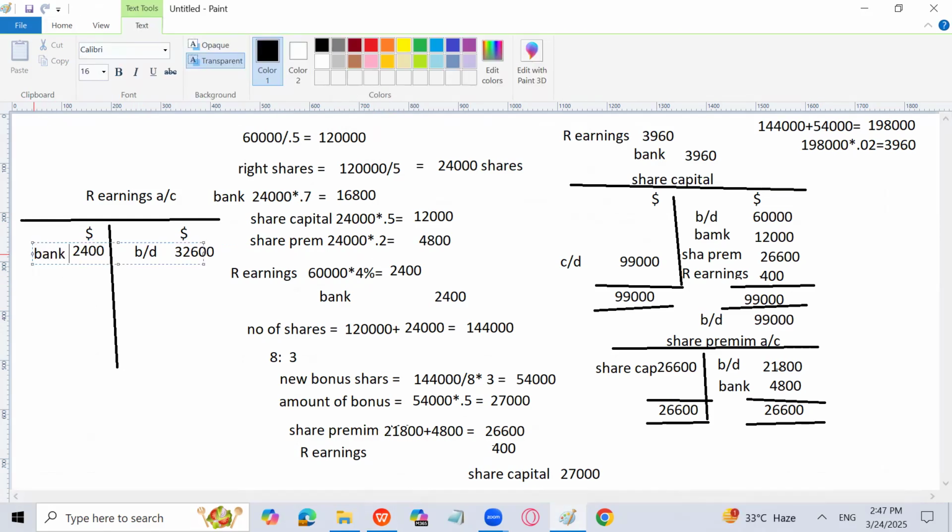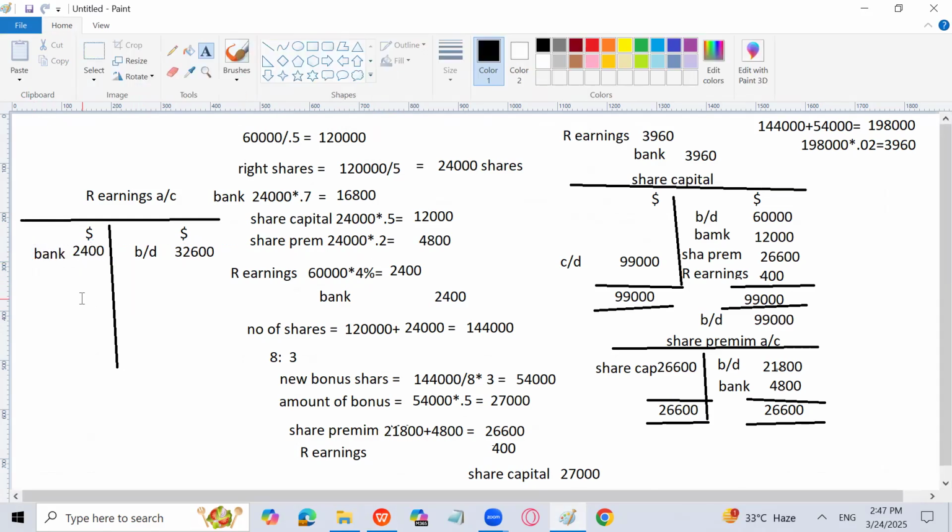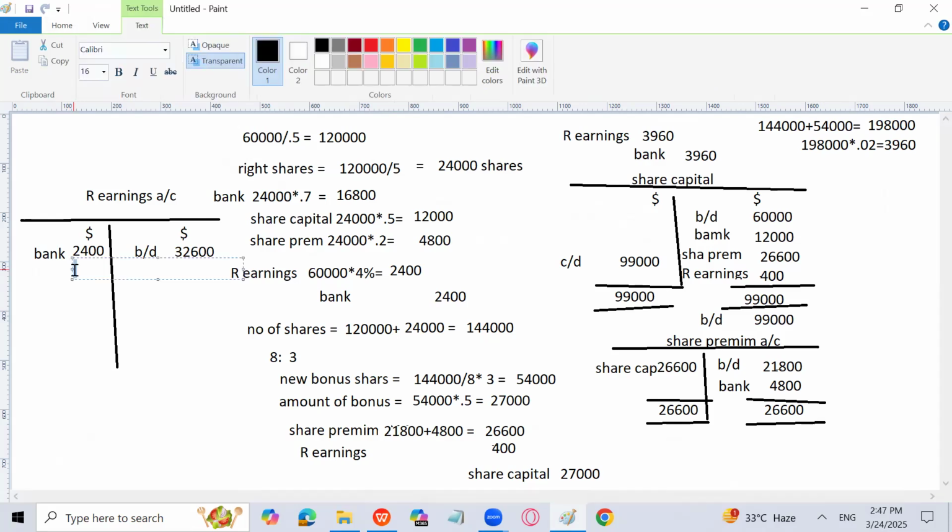Again, the retained earnings are going to be debited because of share capital, because we have issued bonus shares. Okay, then retained earnings are again debited with 3,960 because of interim dividend.